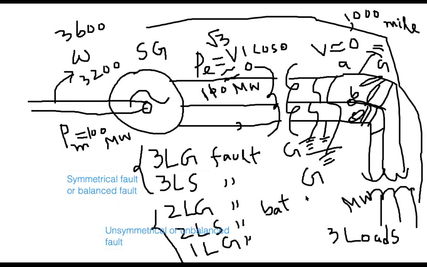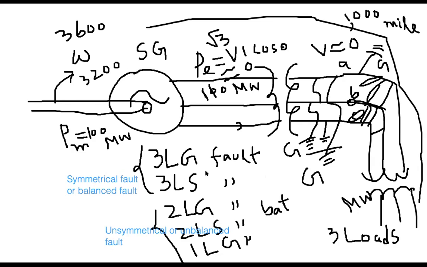Now in real practice, in the majority of cases, it is seen that these faults occur frequently. The 1LG is the more common one, like suddenly a tree has fallen and touched and got stuck with one of the lines, or it might get stuck on 2 of the lines. Then there are rare cases where all 3 get affected. Therefore, a symmetrical or balanced fault is kind of rare.